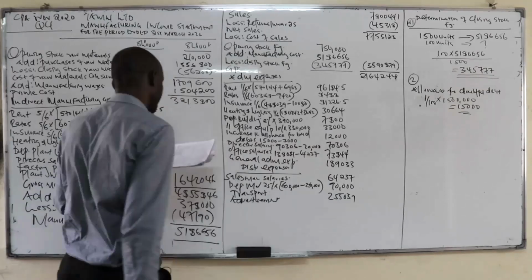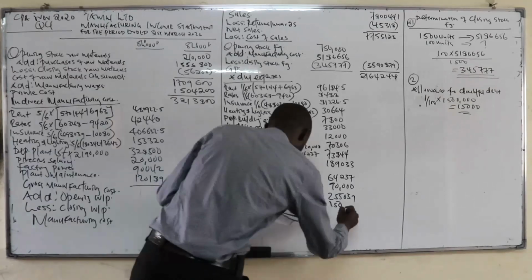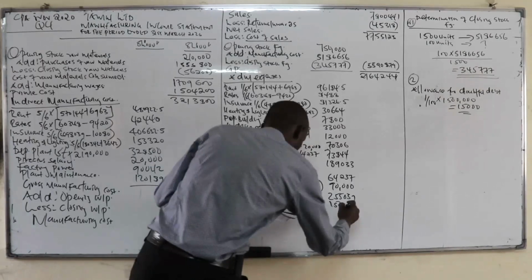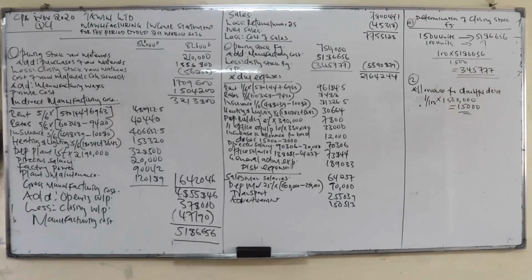Advertisement ngapi? 150. 513, si ndio? Tunaelewana? Advertising inafall hapo. Any other expense?